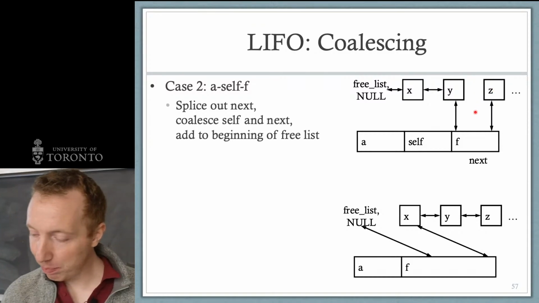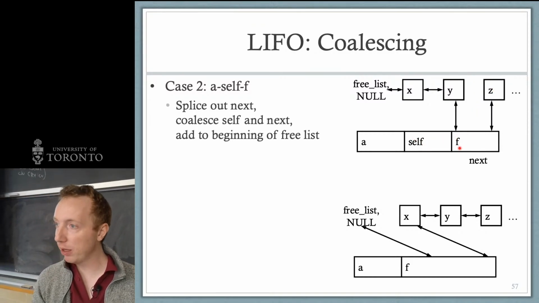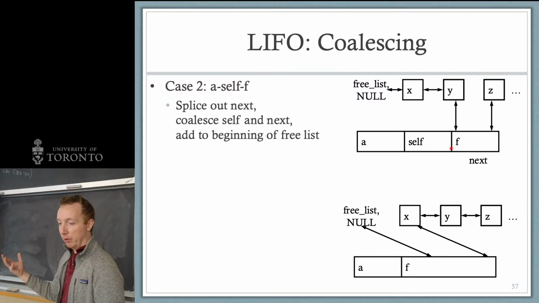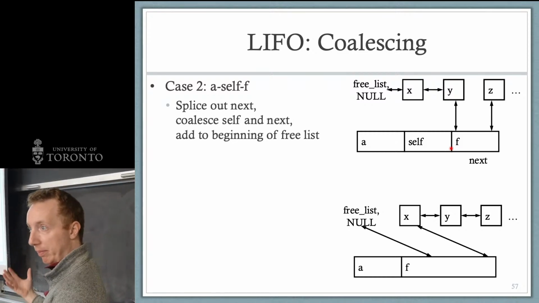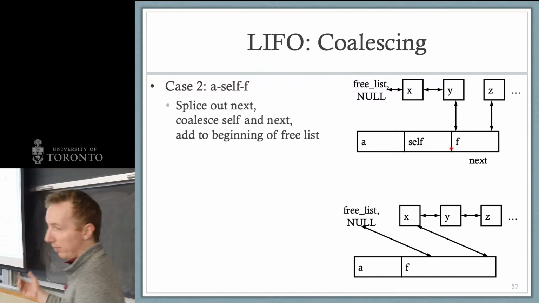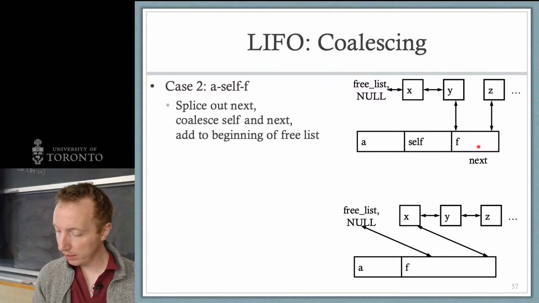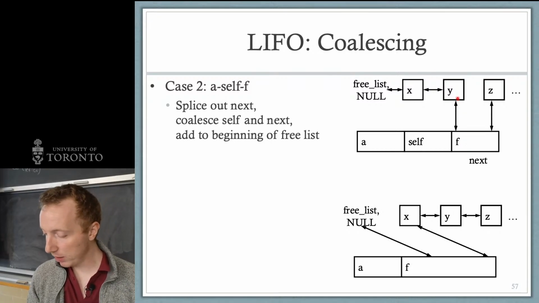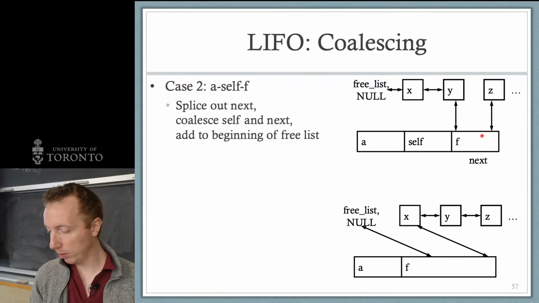So in this scenario, I need to coalesce self with this free block, but since I'm coalescing that block, it should no longer be in the list anymore. So what I have to do is splice out this free element from the list. Its previous would have been Y, Y's next would have been it, its next would have been Z, Z's previous would have been it.